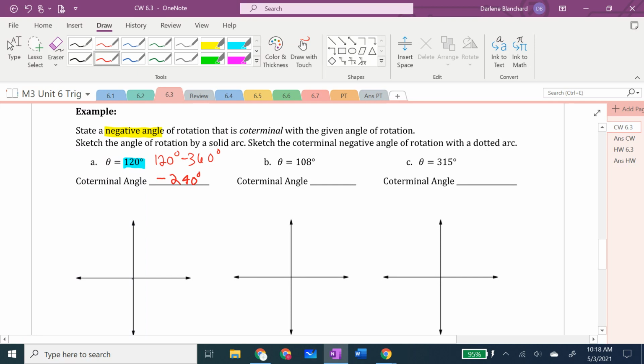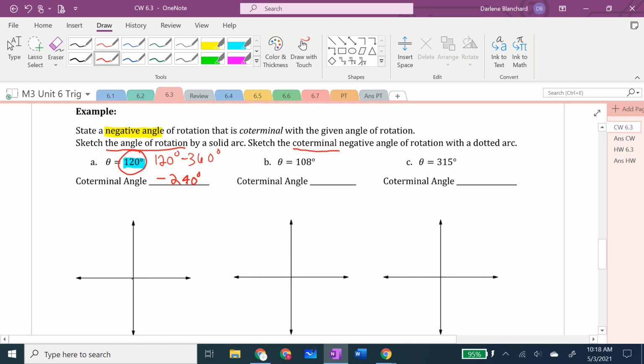Now, the directions are saying sketch an angle of rotation by a solid arc. The angle of rotation is the 120 that was given to you. Then you're going to sketch the negative coterminal angle with a dotted arc.